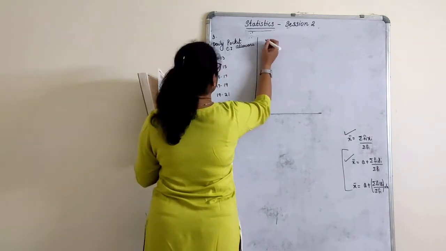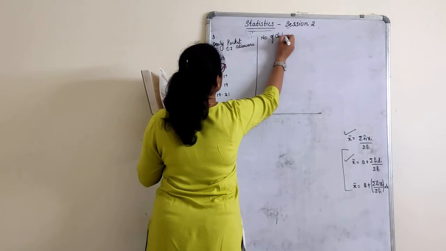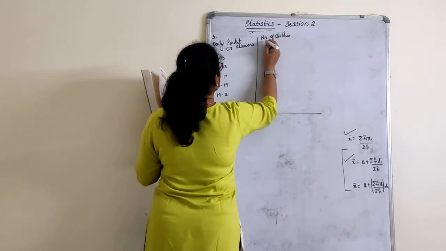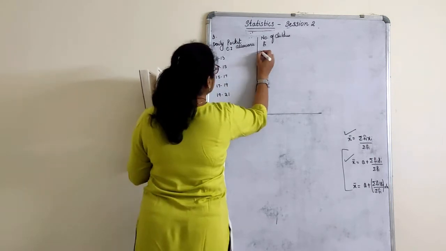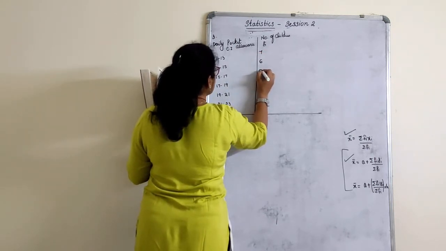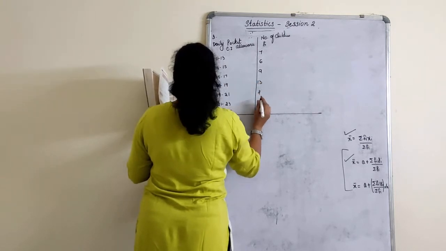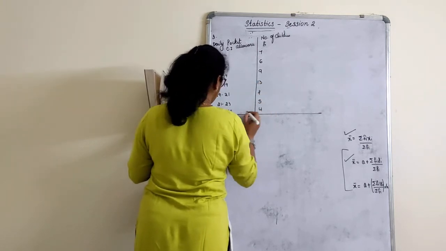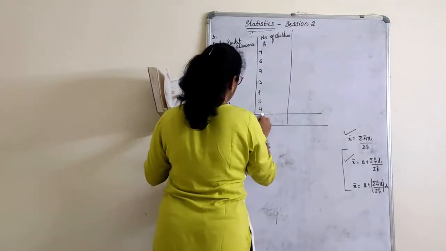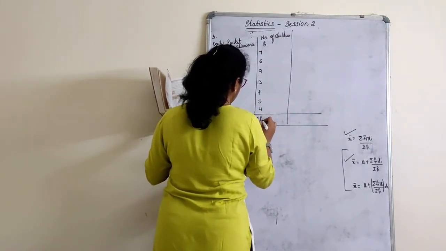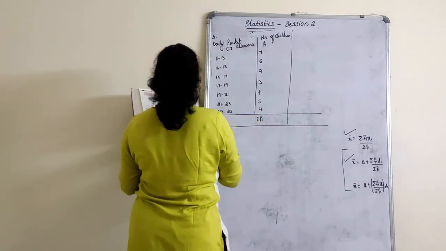Then number of children, Fi: 7, 6, 9, 13, F, 5, 4. Is the total number of children mentioned? No, it is not mentioned.